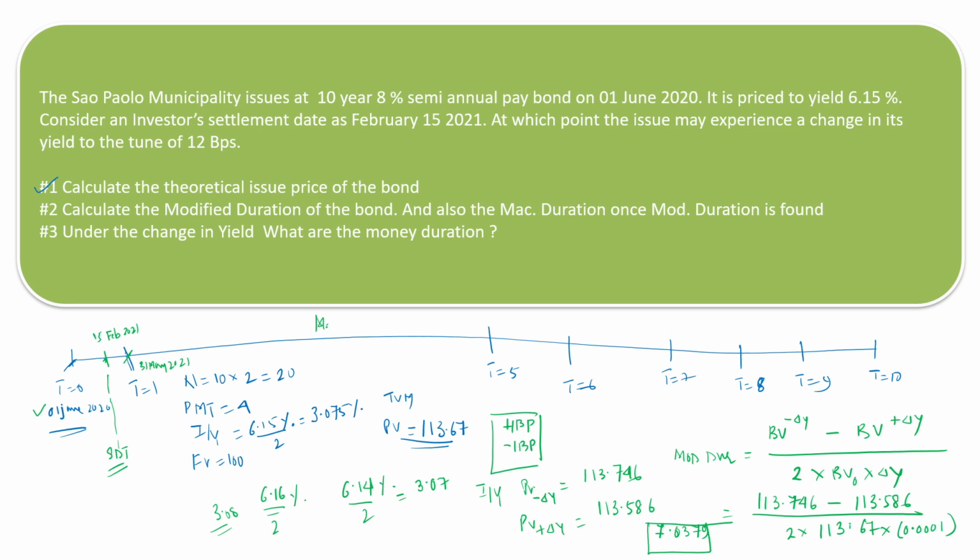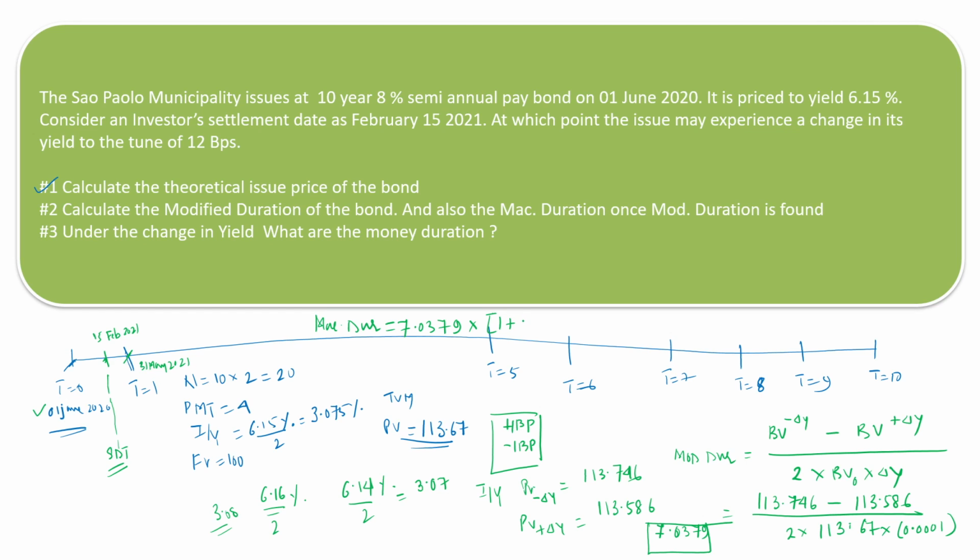So the Macaulay duration in this case is going to be 7.0379 multiplied by 1 plus the yield to maturity, which has been stated as 6.15%.